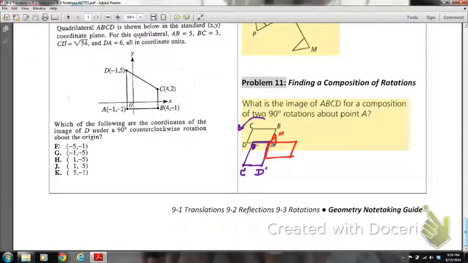B prime will become B double prime. C prime becomes C double prime. And then D prime becomes D double prime. So the image in red, this last image, is the image of ABCD for a composition of two 90-degree rotations about point A.